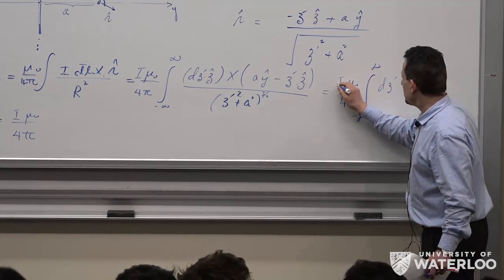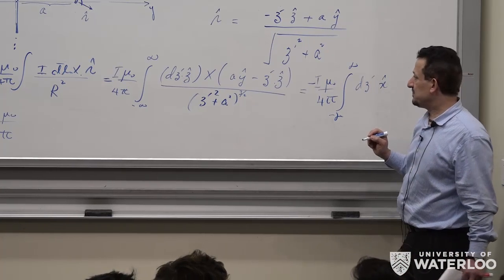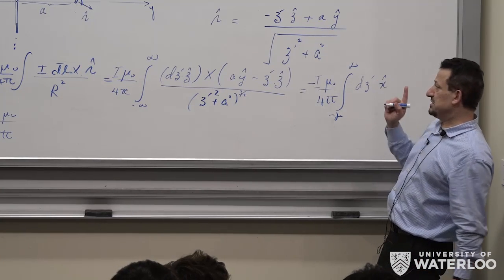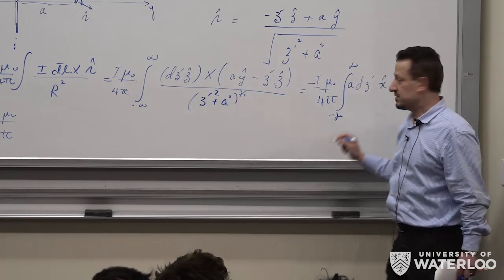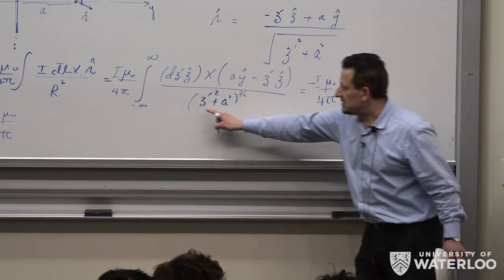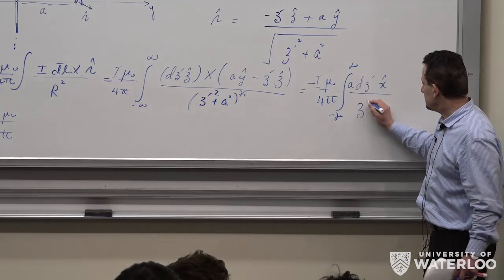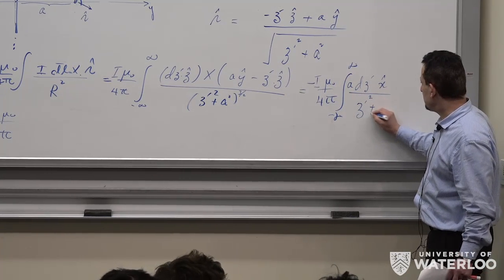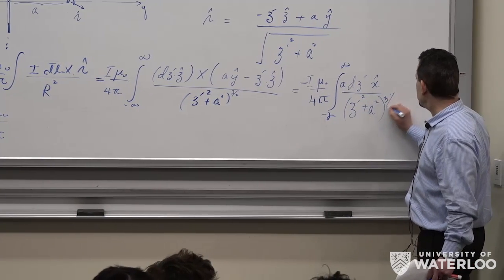So I have a minus, I will take it out. And then I have x hat, right? And I missed a constant, a, correct? There's an a here, divided by all of this, which I keep: z prime squared plus a squared, to the power of 3 over 2.